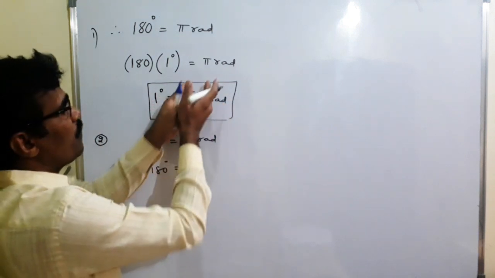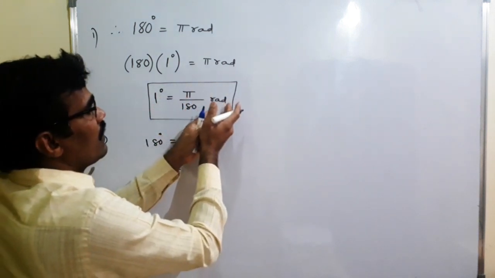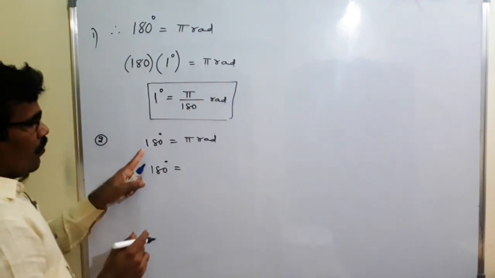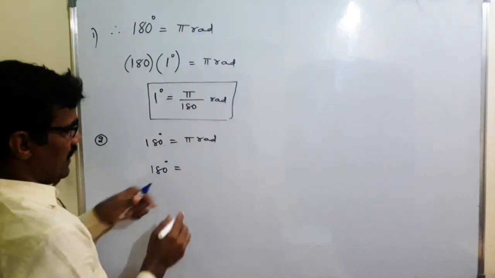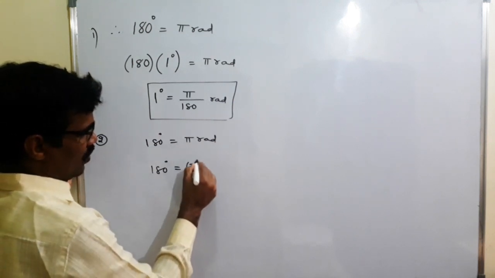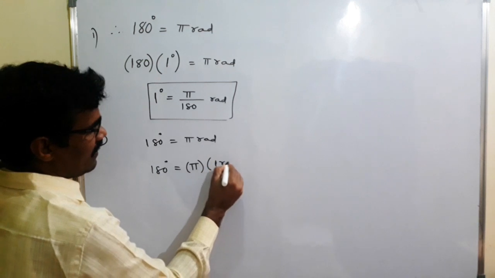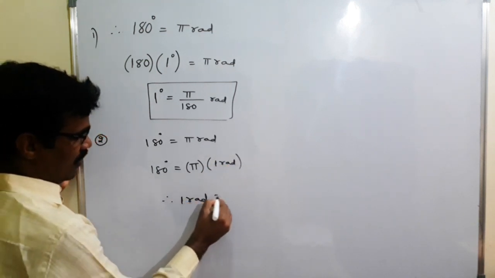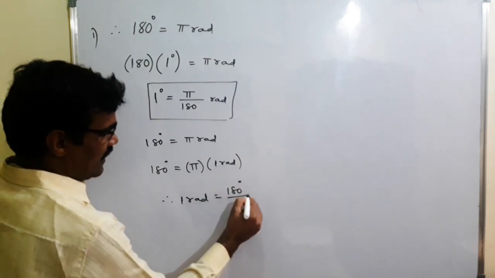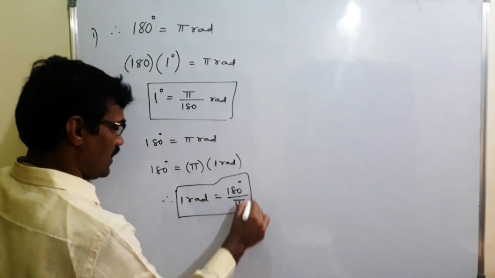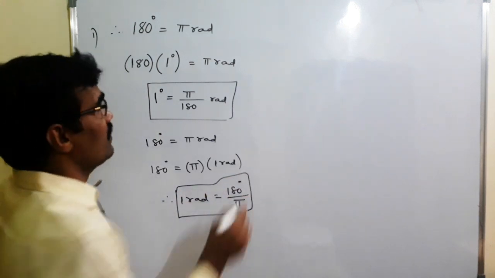Since 180 degrees equals pi radian, it can be written as pi into 1 radian. Therefore, 1 radian is equal to 180 degrees by pi.